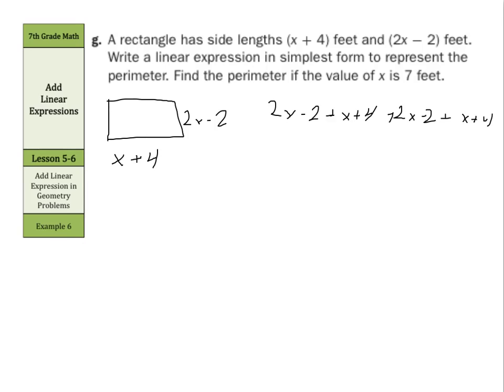I think that's a lot of work and a lot more terms to combine. You could do it that way, because remember, a rectangle has 4 sides, so you'd have to add all 4 of them up. Or you could use the formula for the perimeter of a rectangle.